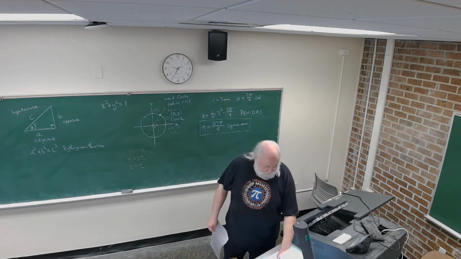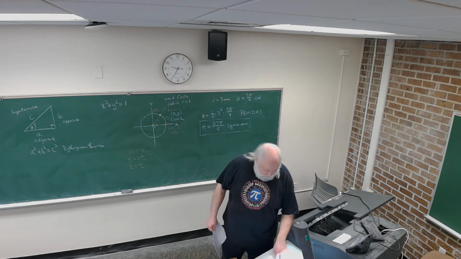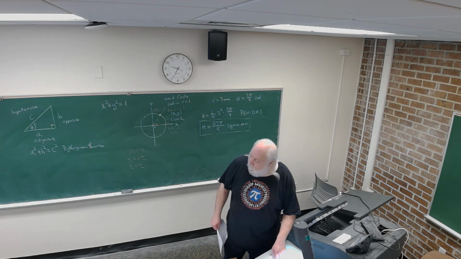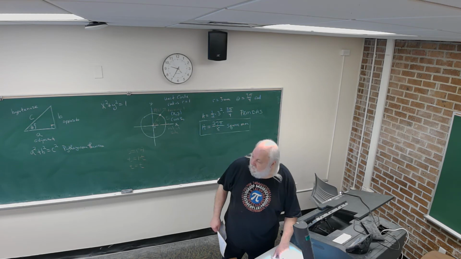The x coordinate of P of t is called the cosine of t, and we denote that with this notation down here, cosine t. This is cosine notation for the cosine of t.